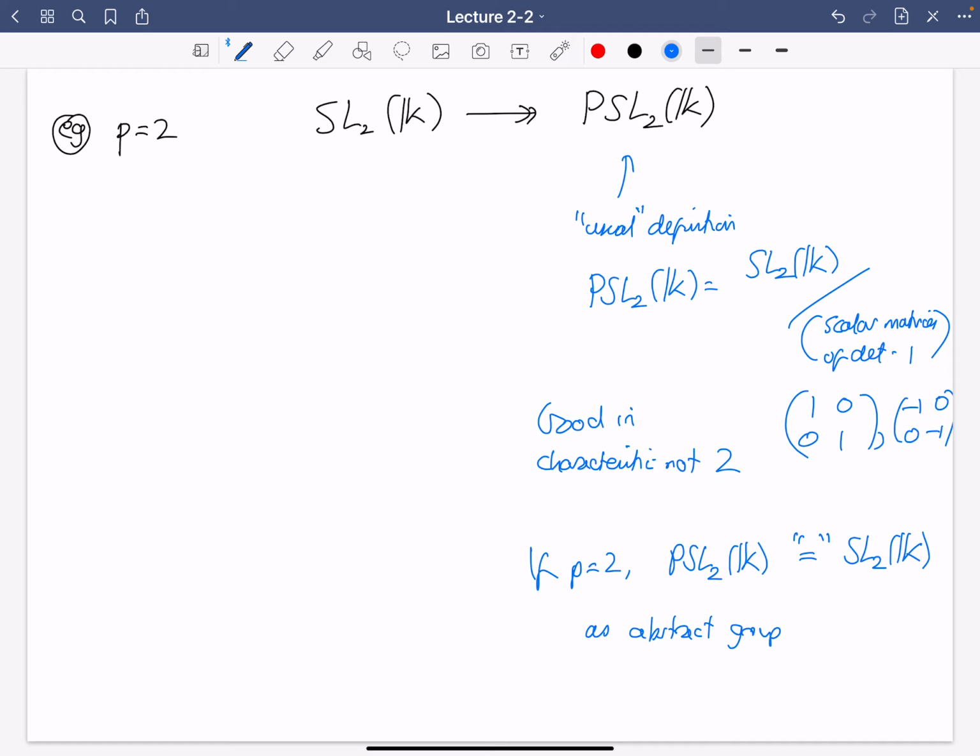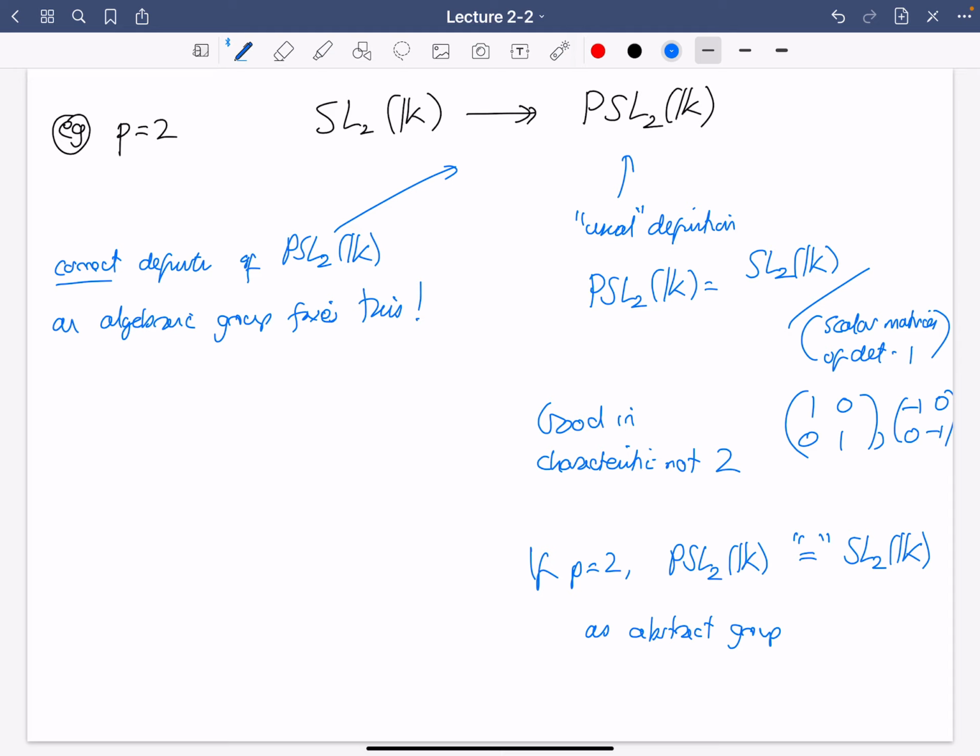But in fact, the correct definition of PSL2 of K as an algebraic group fixes this issue. So even when p equals 2, SL2 of K is not isomorphic to PSL2 of K as an algebraic group, though they are as abstract groups.